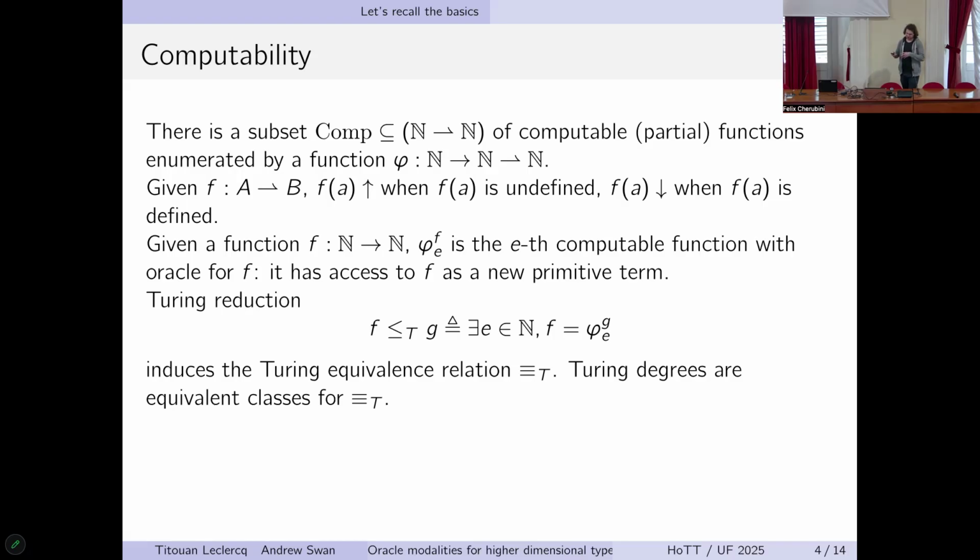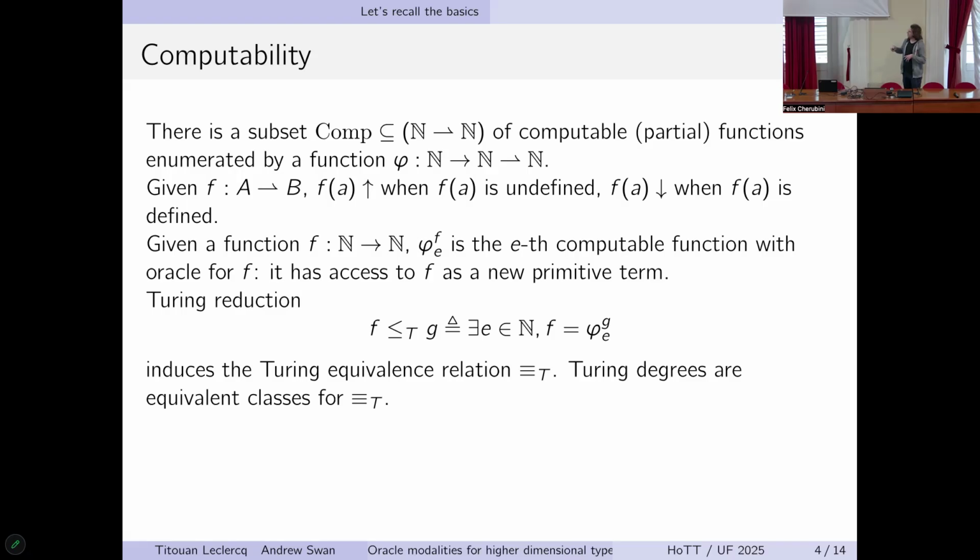If we have a function f from N to N, which can be non-computable and most often will be, we see phi e superscript f as taking a code of a machine which can call f as a black box, and if it calls f of x, it will really take the real result of f of x.